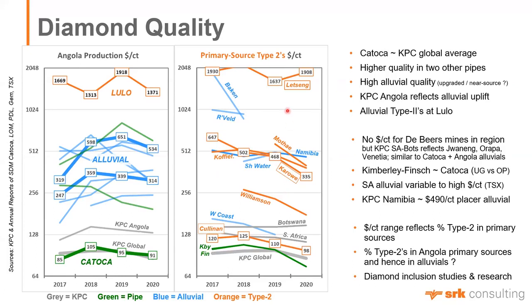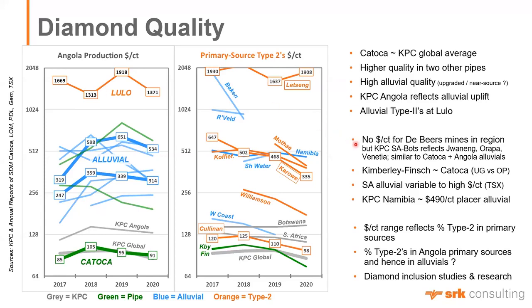The standout type 2 producer in Southern Africa is Letšeng. Interestingly enough, the diamonds that they're producing from Letšeng, their main money-making characteristic, is a similar range as what we get out of alluvials at Lulo. Interesting fact.